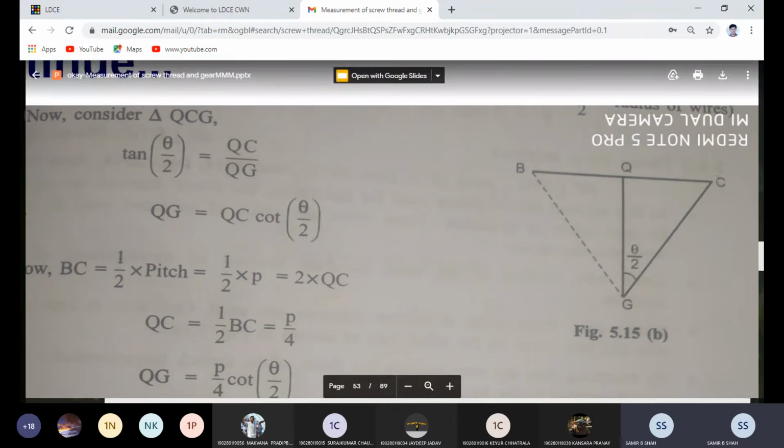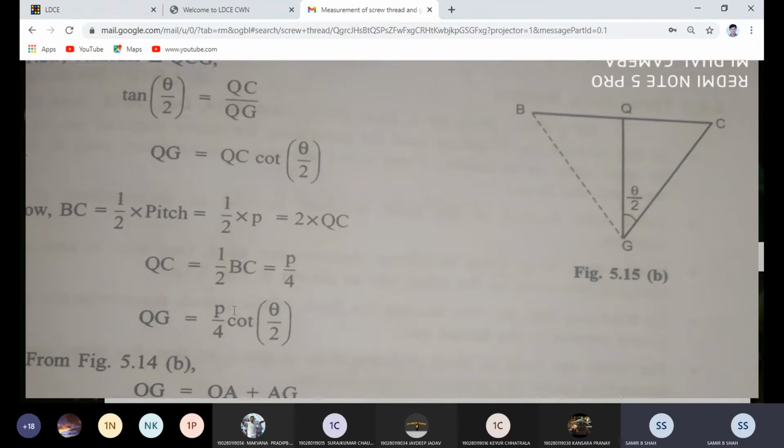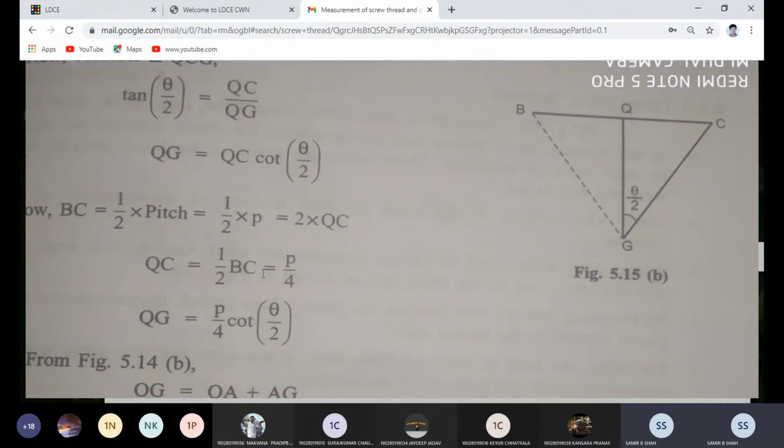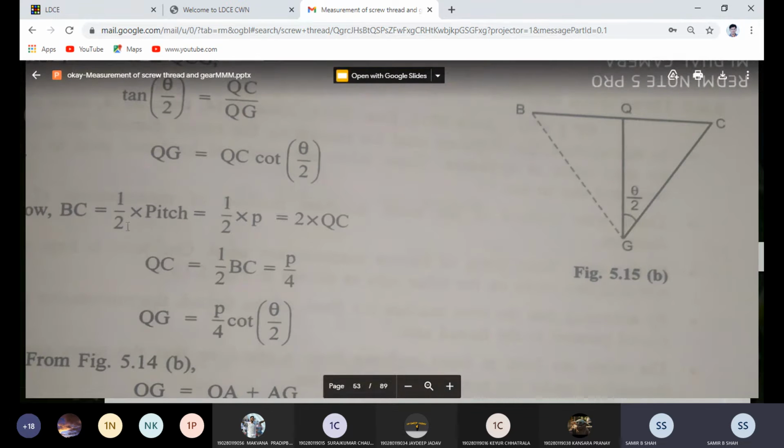Okay, that we know very well. If we double QC, we get BC. So QC is equal to 1 half of BC, and in place of BC we put pitch by 2. So QC will be P by 4.